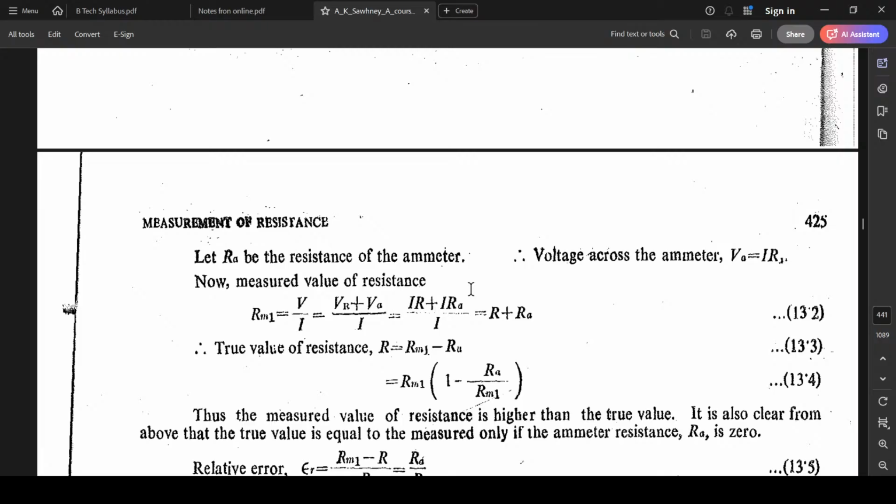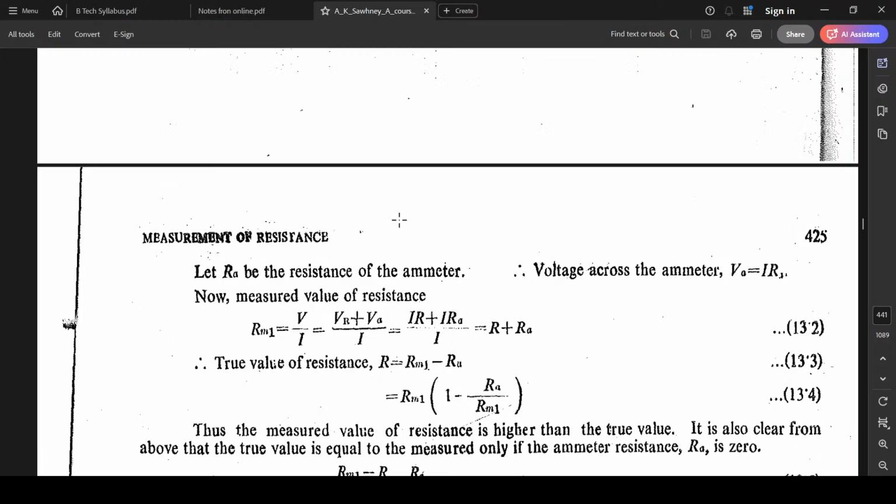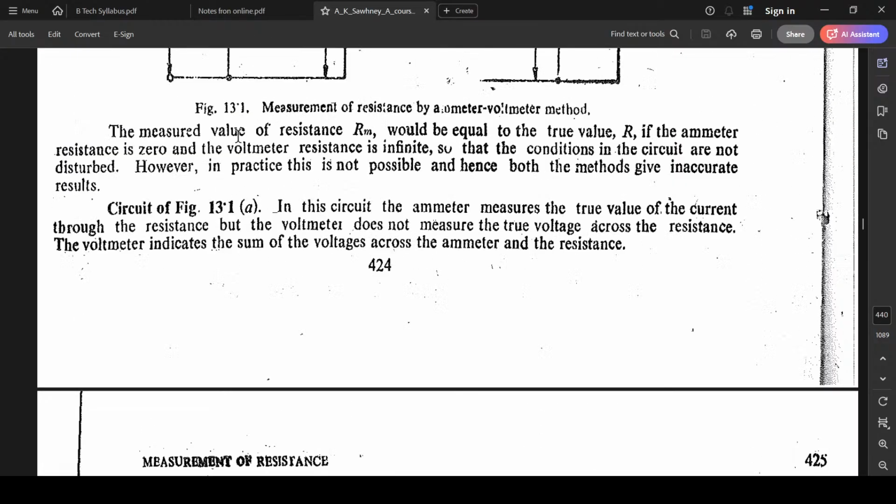Okay. It's V ammeter. So VA is equal to I RA because the resistance is RA. Now the measured value is RM. Here 1 is written, we will call it RMA for this figure.